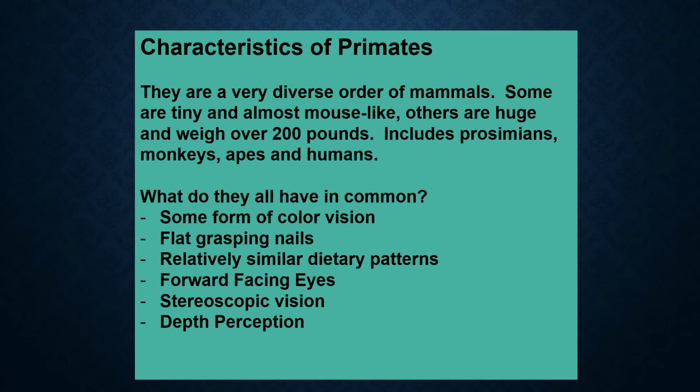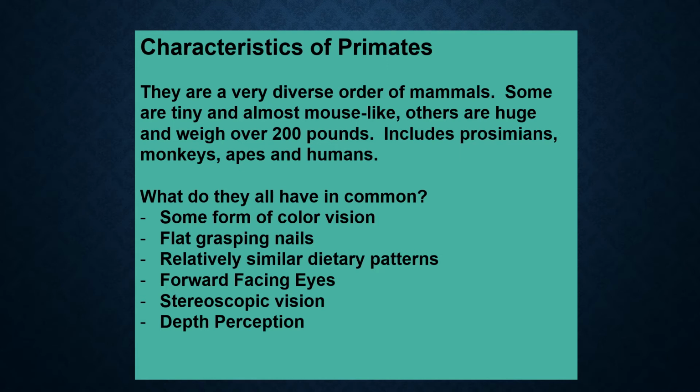We have flat, grasping nails on all of our five fingers, and this is a very, very primitive trait. We also have relatively similar dietary patterns, which haven't changed very much for a long time. We have forward-facing eyes on the front of our face, which allows us to see forward, but not so well on the sides, which gives us stereoscopic vision, allowing us to focus on objects in the far distance, which gives us depth perception, right?